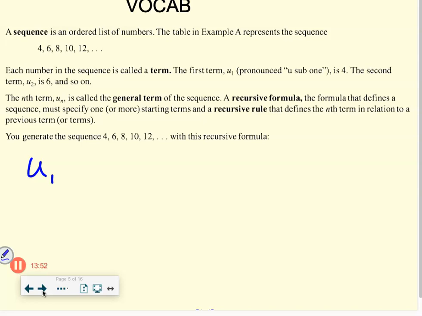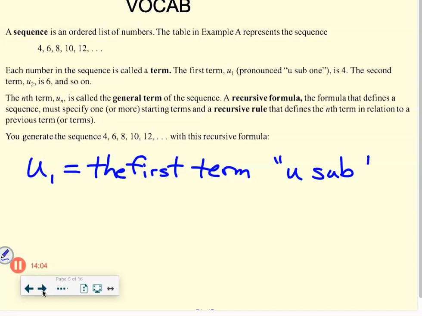This has special meaning. This means the first term. And when we speak it, we say U sub 1. U sub 1 means U with a subscript of 1.